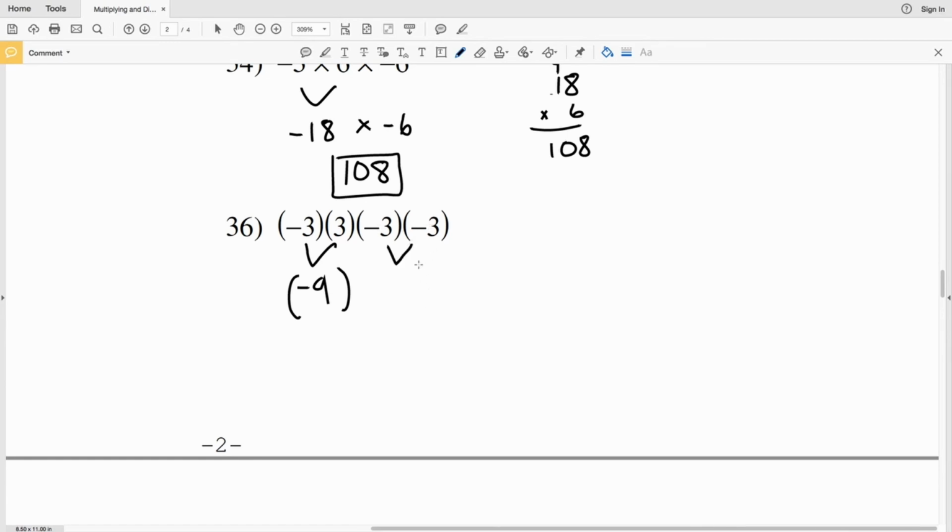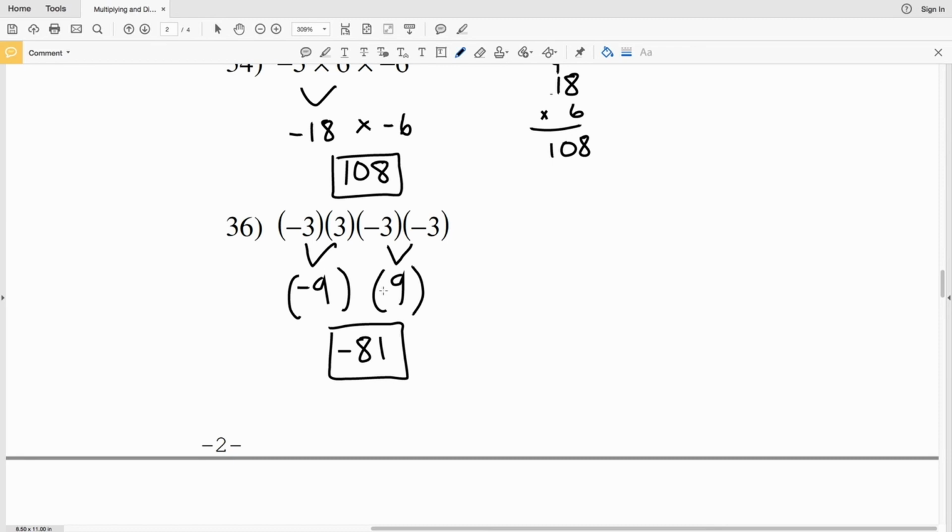Negative times a negative is going to give us a positive. 3 times 3 is 9, so negative 3 times negative 3 is a positive 9. So now we're left with negative 9 times a positive 9. Negative times a positive is a negative. 9 times 9 is 81, so negative 9 times 9 is negative 81.